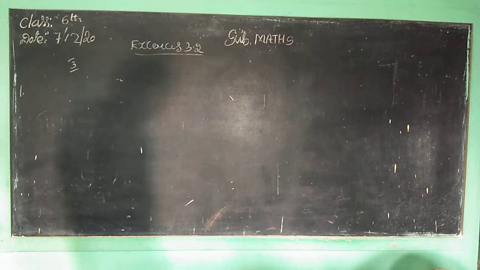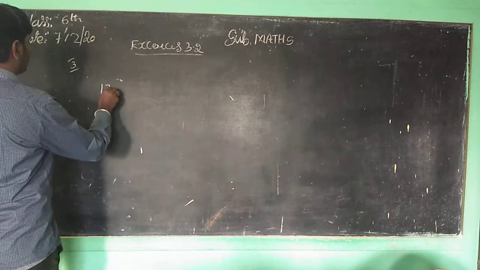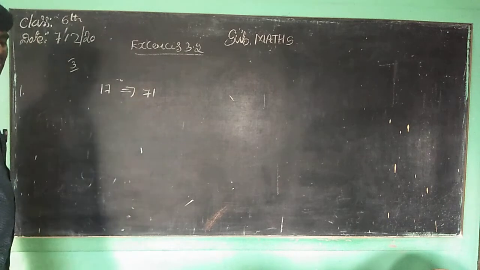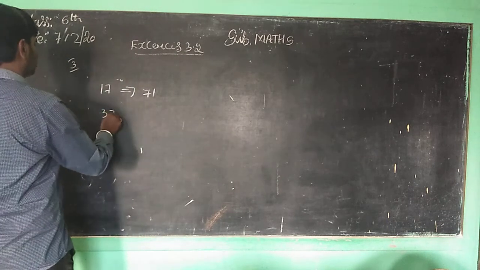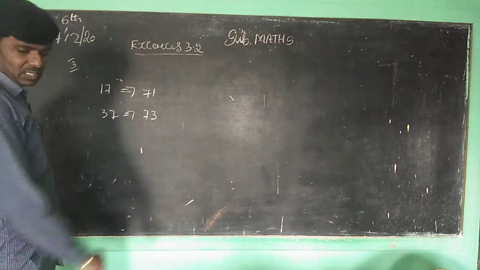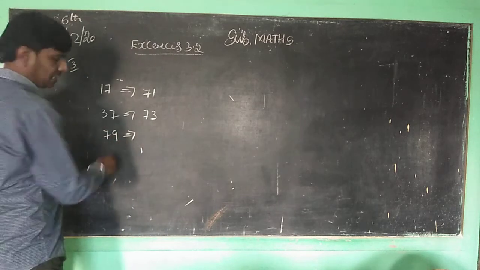Suppose children, now take 17. Reverse it. This is 71. It is also a prime number. Now take another number, 37. Reverse it. This is 73. These are prime numbers. Now take 79 and reverse it.